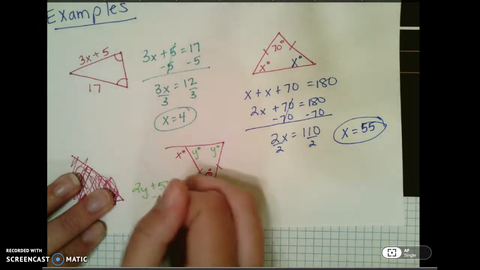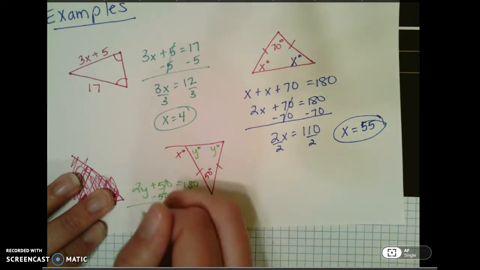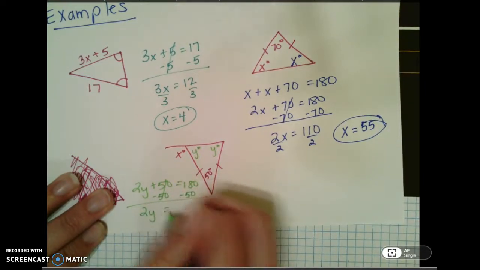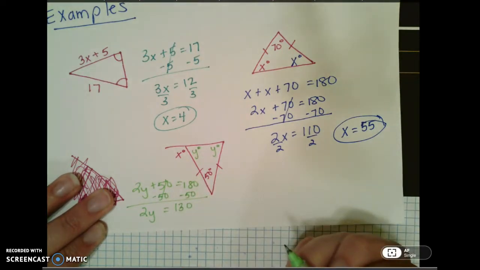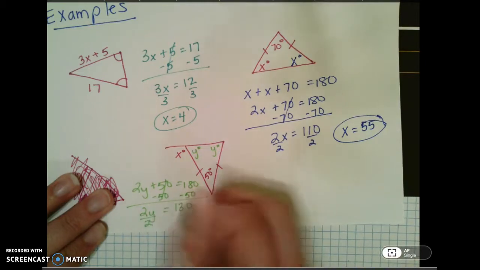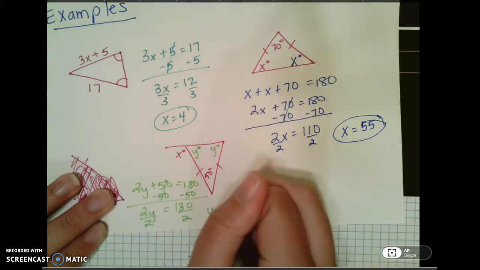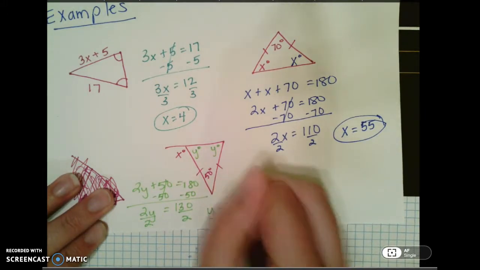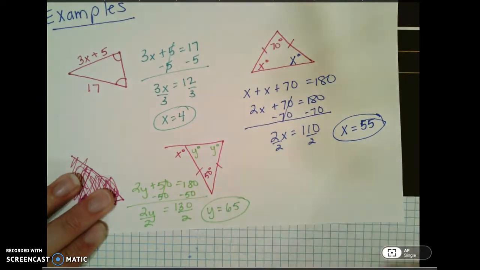When I subtract the 50, I get 2y equals 130. And then when I divide by 2, I know that y is 65.